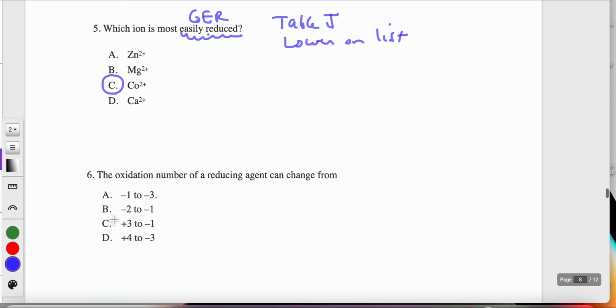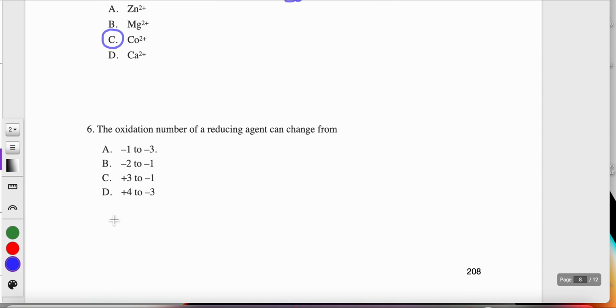And the last question on this page is, the oxidation number of a reducing agent can change from, well, before you go and choose, okay, take a look here. Reducing agent. So we're going to write the lioness's name above it.